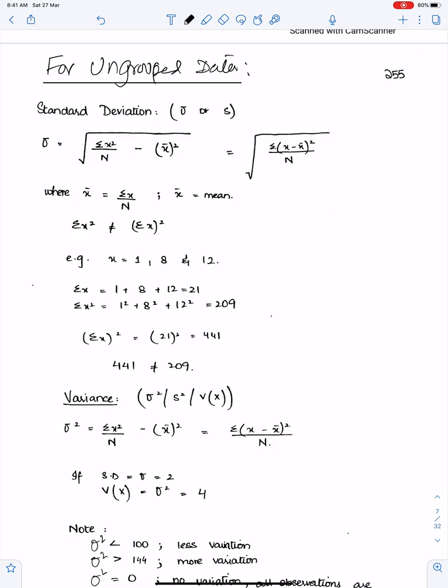Standard deviation. This formula is given. Well, this formula will be given in CIs. Standard deviation is denoted by small sigma.